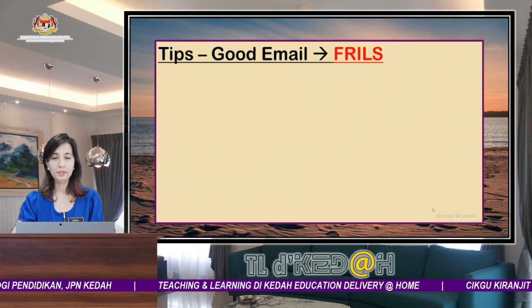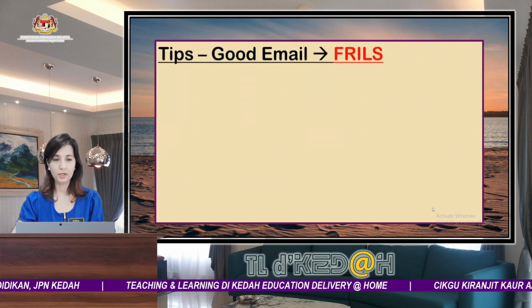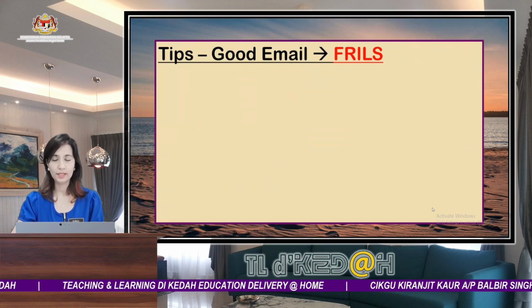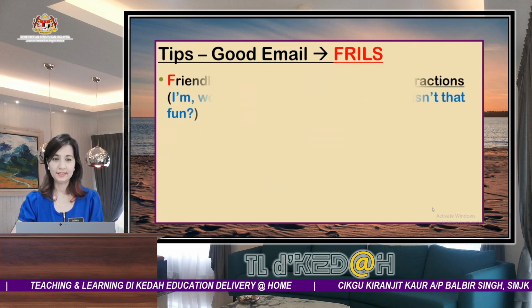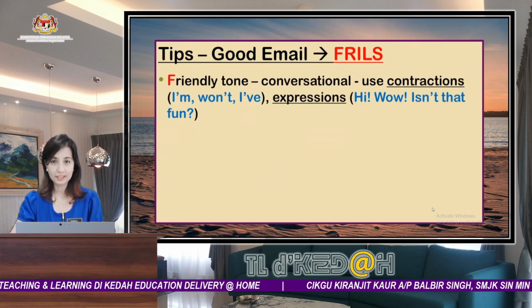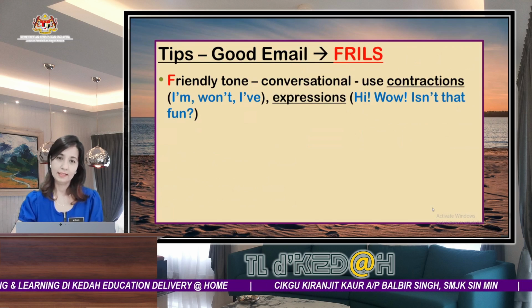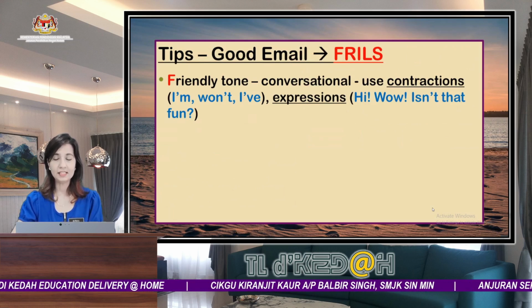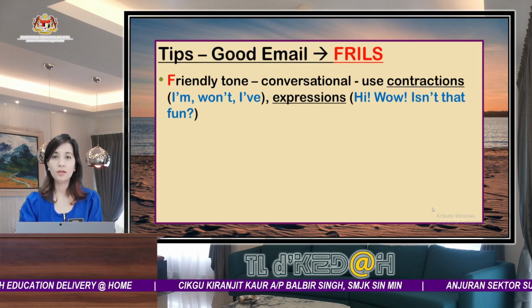Okay, so I'm going to share with you this tip called FRILS. F-R-I-L-S. What's FRILS? F stands for friendly tone. So for email, it is a very informal way of writing. It is very friendly, very conversational.